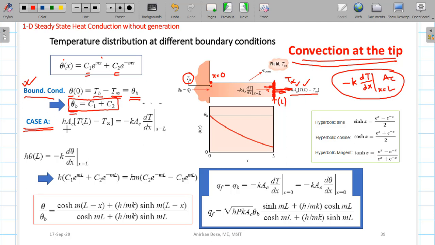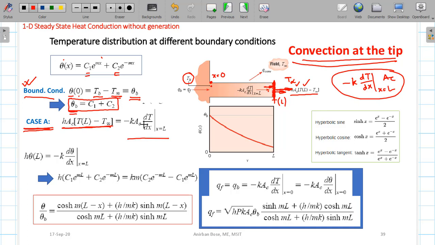So for case A, the second boundary condition we are getting is a kind of mixed boundary condition. If you remember, it is not a Dirichlet or a Neumann boundary condition, it's a mixed boundary condition, where the heat transferred by convection is equal to the conduction coming here.